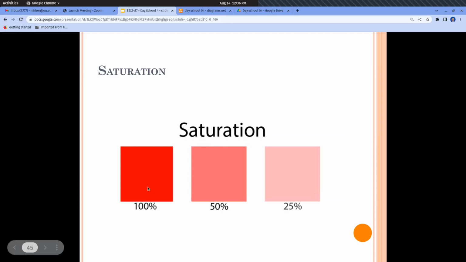When you consider red, when you add a small amount of white, and more white, the saturation changes.